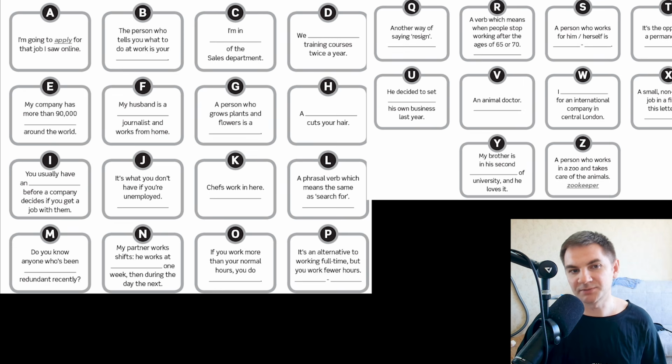Now let's check what you've learned. Here is a vocabulary exercise to practice work-related words. You will complete each gap with the correct word. The first letter of each missing word is given in alphabetical order. Let me give you the first two as examples. A. I'm going to, and for that job I saw online.